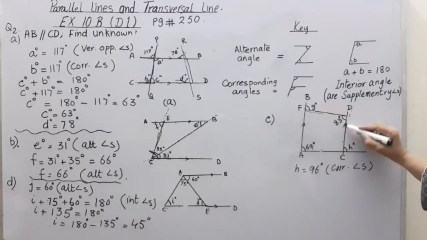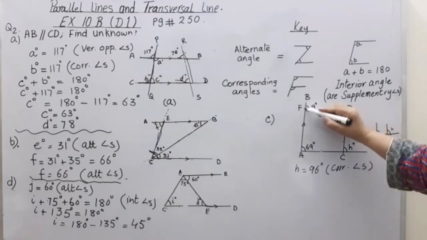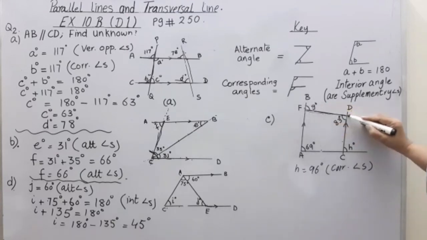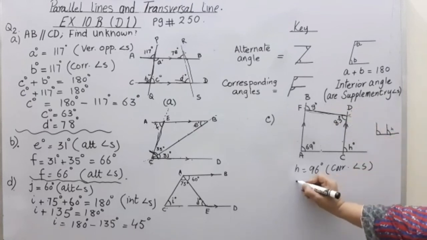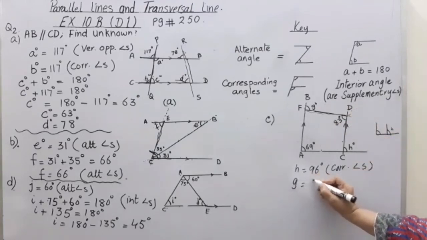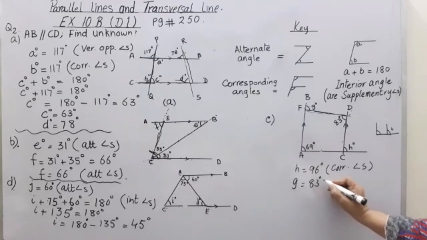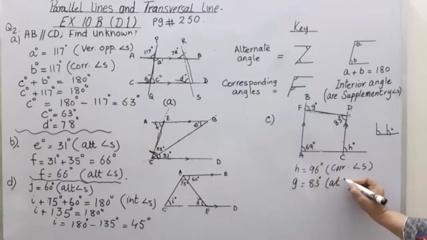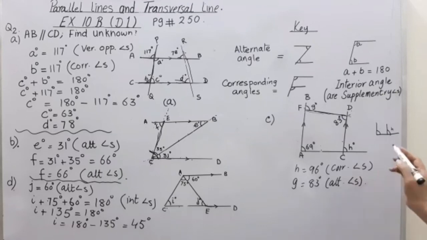They make a Z like this, and they are alternate angles because they make the Z shape here. So thank you.